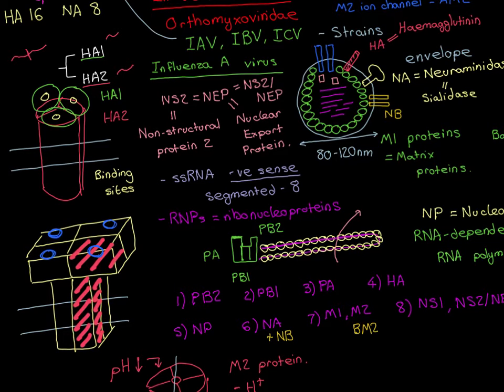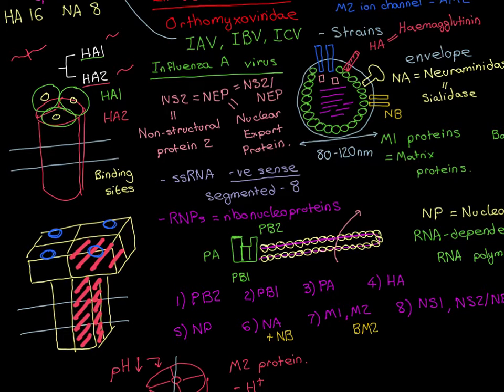If you just put the M2 ion channel, people will assume you mean influenza A's M2 ion channel. If you want to specify influenza B's M2 ion channel, you should put BM2. As I said earlier, if you want to be very, very clear, you can put AM2 to mean the influenza A virus M2 ion channel. But if you just put M2, people assume you mean the influenza A virus M2 ion channel.